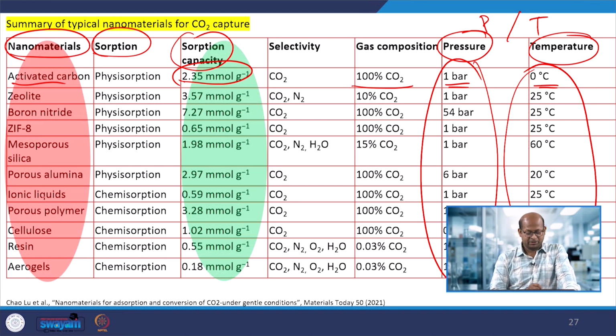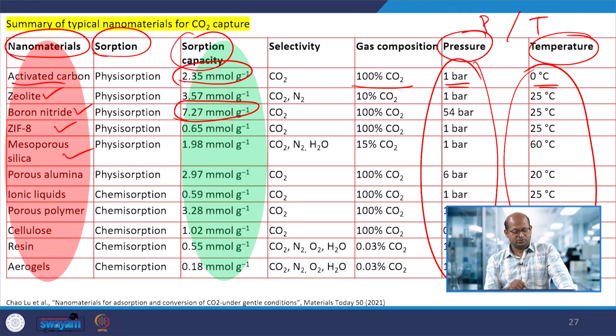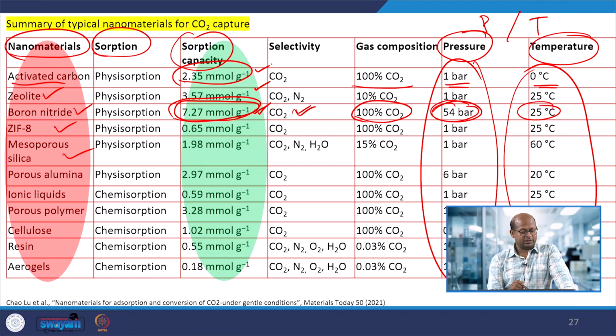Similarly when zeolites, boron nitrides or mesoporous silica were used, you can see that with boron nitride the CO2 capture capacity is better, at high pressure and 25 degrees centigrade. It gives 100% selective gas adsorption of CO2 as compared to zeolites, activated carbons or MOF. So boron nitride is much better than the others.